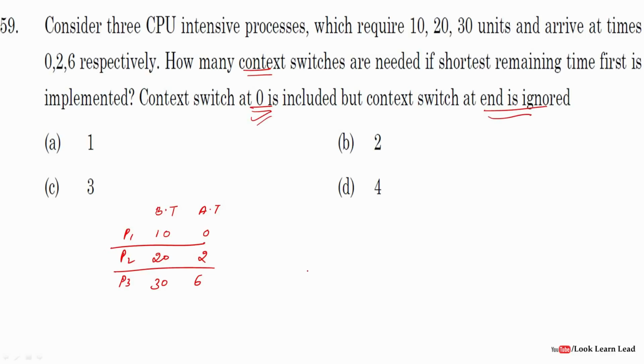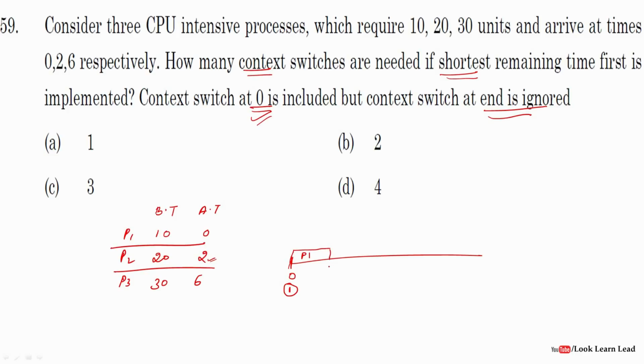So let's draw a Gantt chart for that. At 0 only process P1 arrived, so the first context switching takes place over here, at 0, because we have to include it. We have to solve it by shortest remaining time first. Till 2 there is no other process, so P1 would run till 2 individually.